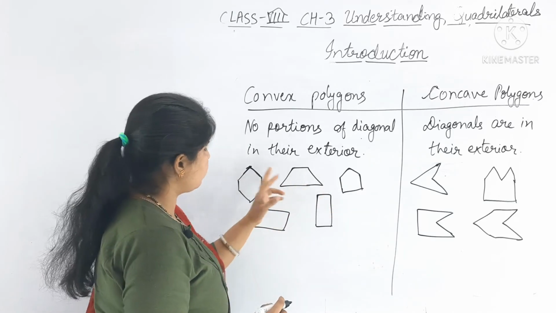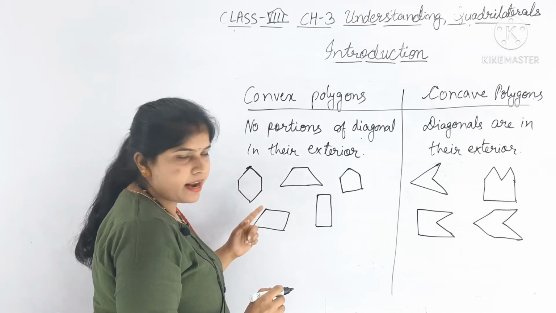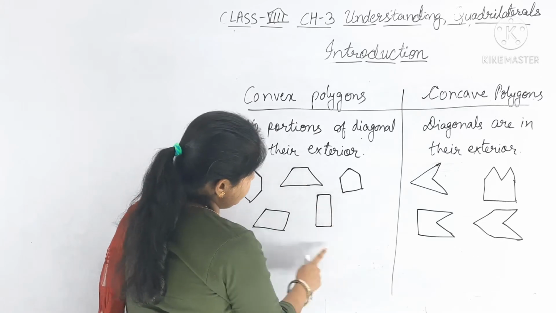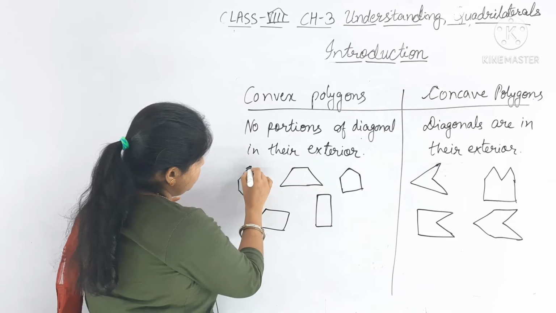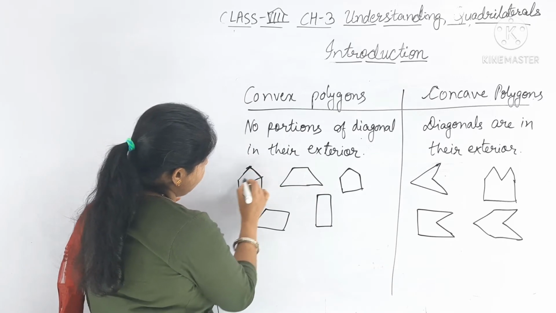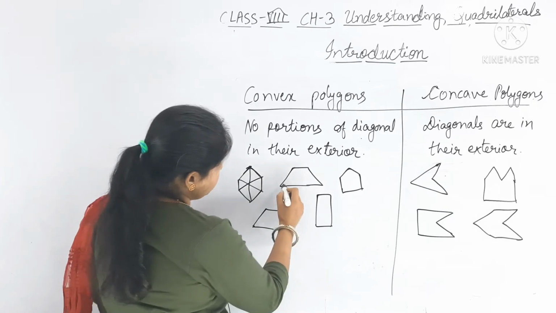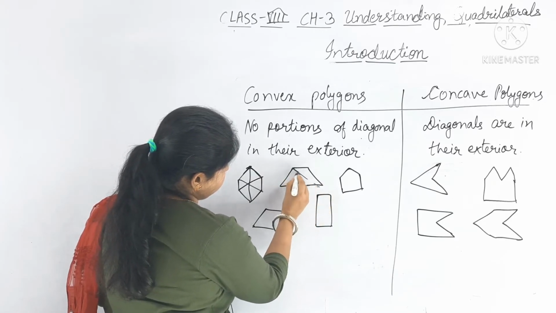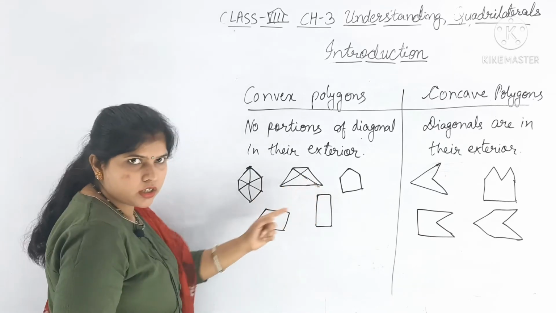Here is a six-sided shape, a regular hexagon. Then 1, 2, 3, 4, this has four sides, this has five sides, this has four sides. Okay, so all of them are like this. You can see the diagonal will be on the interior side. You can make the diagonal in the interior of the curve.